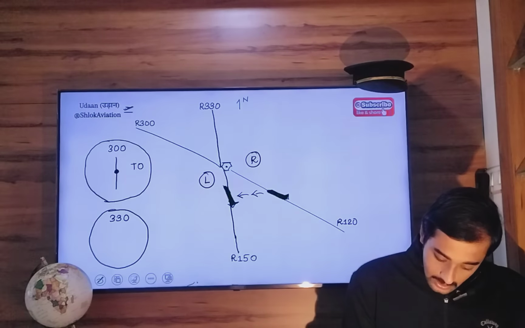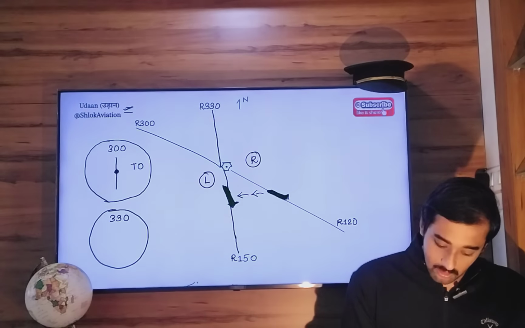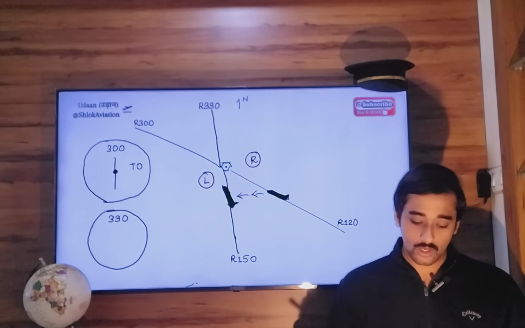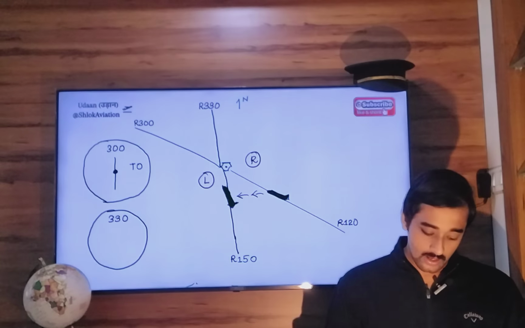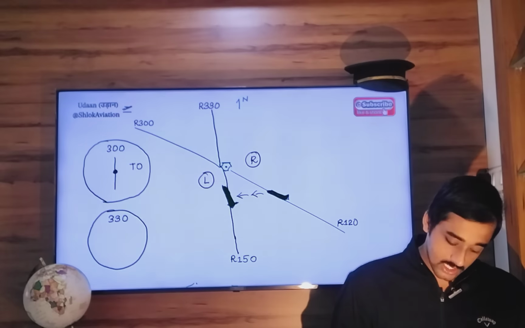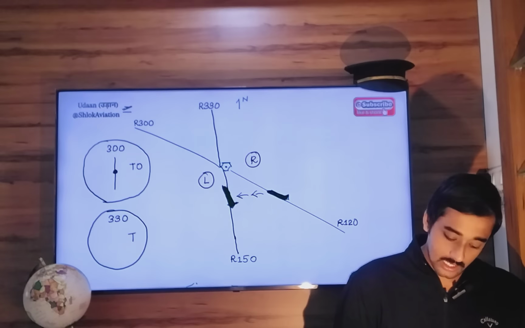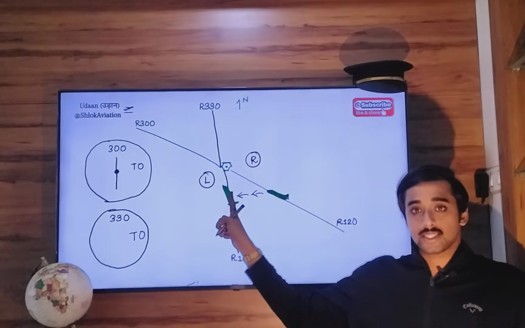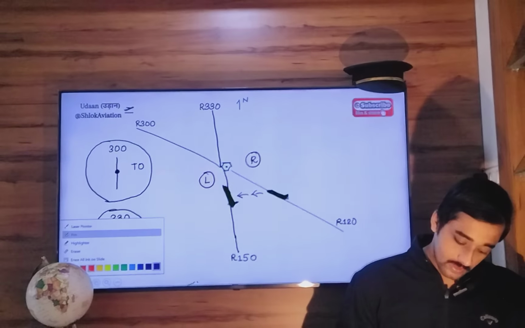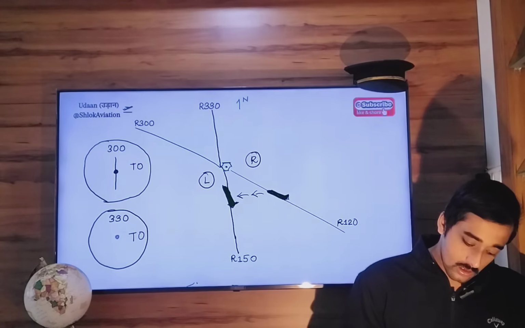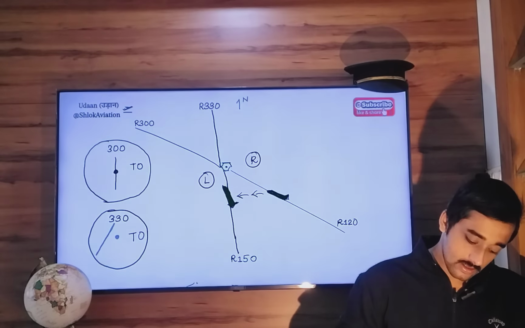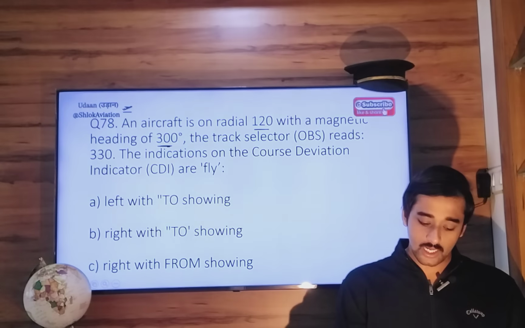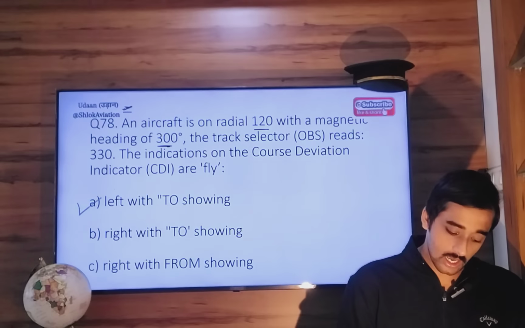You will continue getting a TO indication, and the CDI will tell you to fly left. So the CDI needle will go to the left hand side, telling you to fly left. So left with TO showing. So option Alpha is the correct answer.